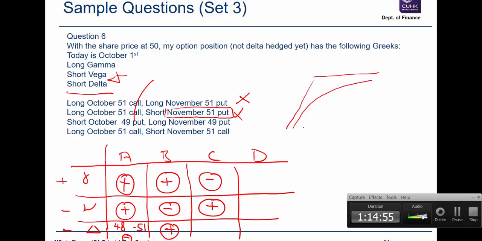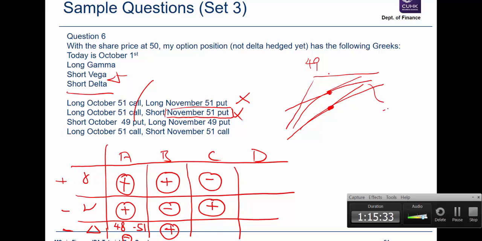So sometimes when you draw these diagrams, it helps you. So you are short a put at 49, and the share price is now here. So you're comparing the deltas of these two things. And this is the one you are short.